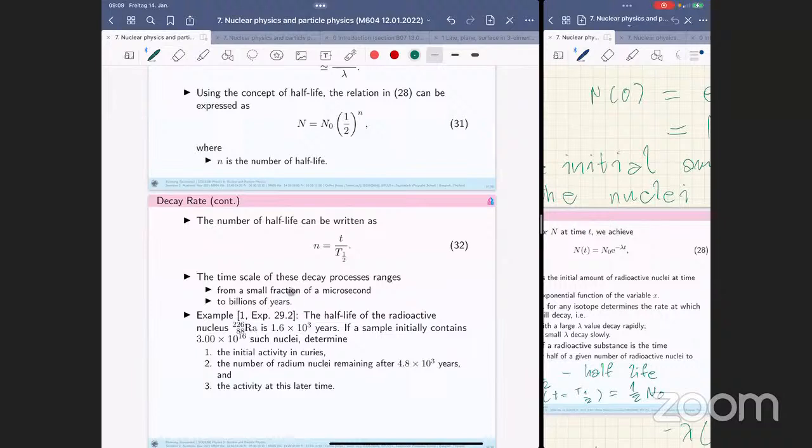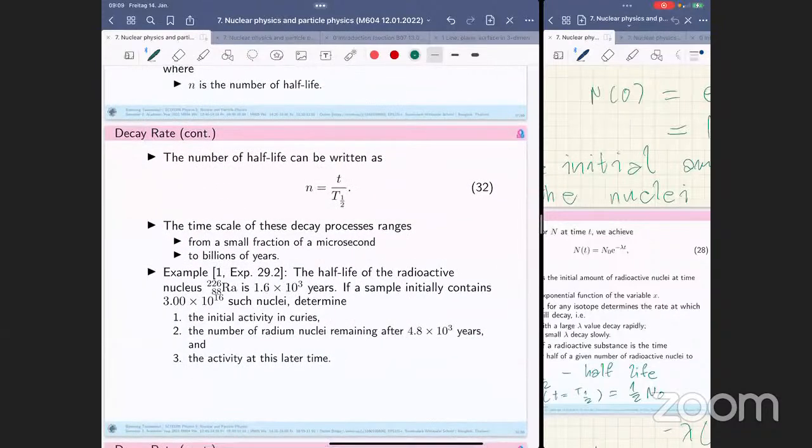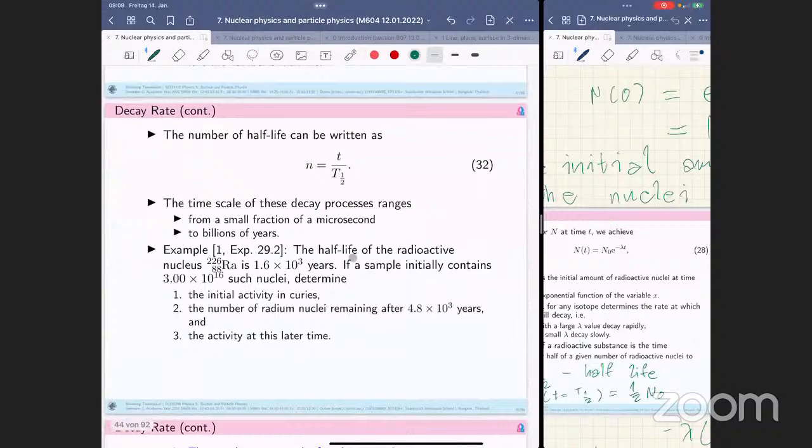We arrive at the first example of this type of problem, the half-life and decay rate. Half-life of a radioactive nucleus. This is radium, sorry, radium-226, and we are going to see it later in alpha decay, the topic after this one. Radium-226, that's the mass number, and 88 is the atomic number, the number of protons inside the nucleus of radium.